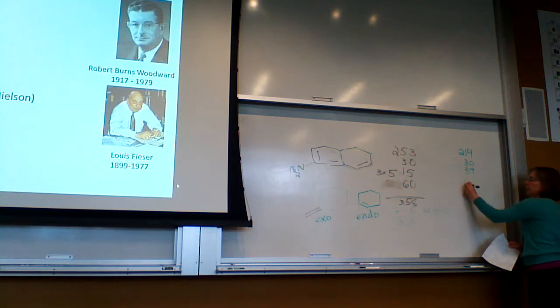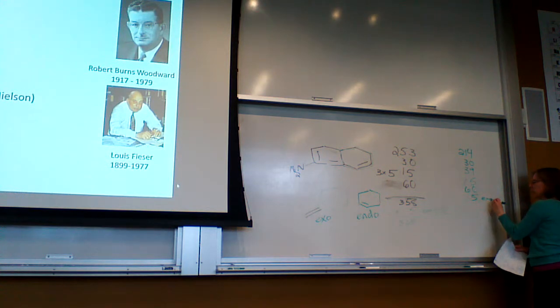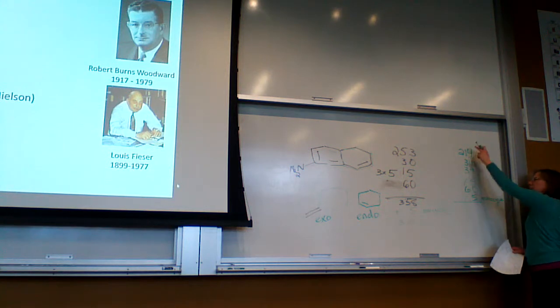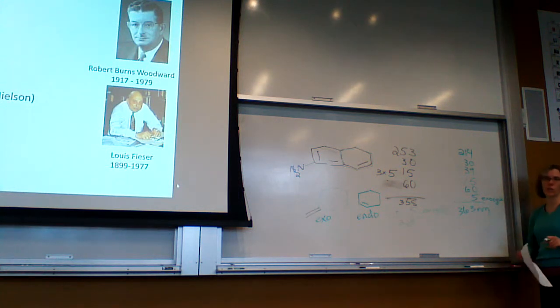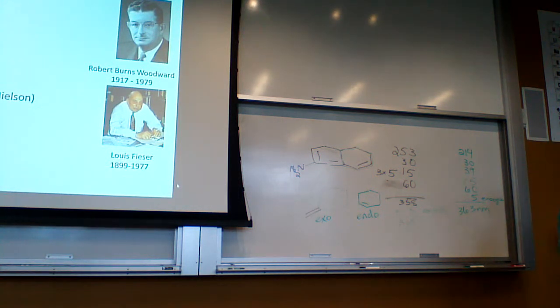So we do have the same 15 for alkyl here, 60 for the amine, and the 5 for the exocyclic. And that should add up to 363 nanometers as well. So it doesn't matter which one you choose, but you have to take into account the homoannular ring diene system in some way.